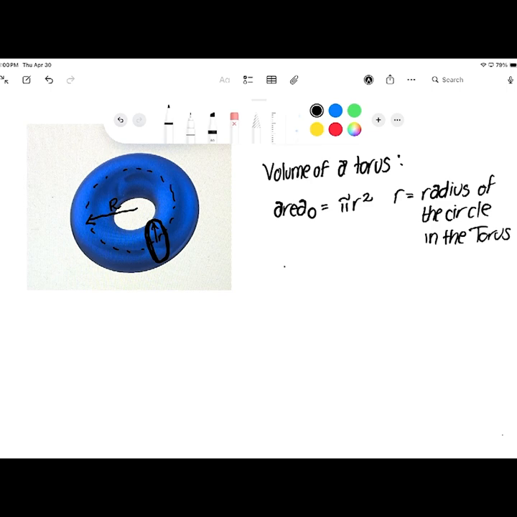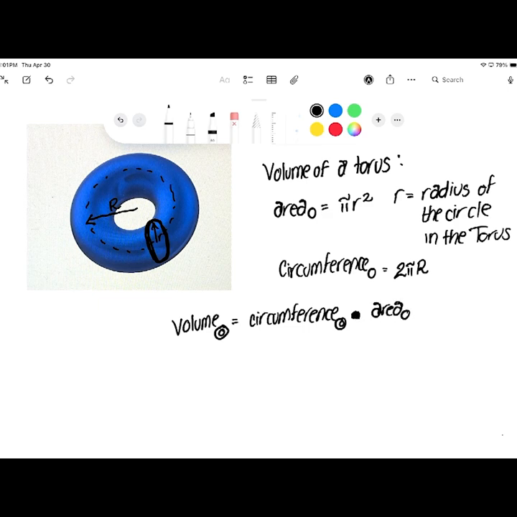So we also know that the circumference of a circle equals 2 pi R, in this case with the capital R. So the volume of a torus is going to be equal to the circumference of the torus times, or we'll do a dot, the area of a circle.